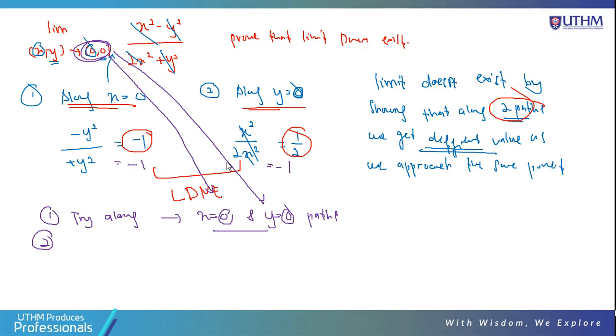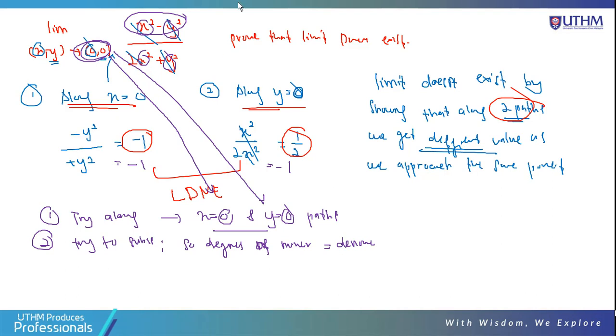Okay, the next step. The second step is to try to substitute any value here, x or y, to make sure the degree of the numerator is equal to the degree of the denominator.